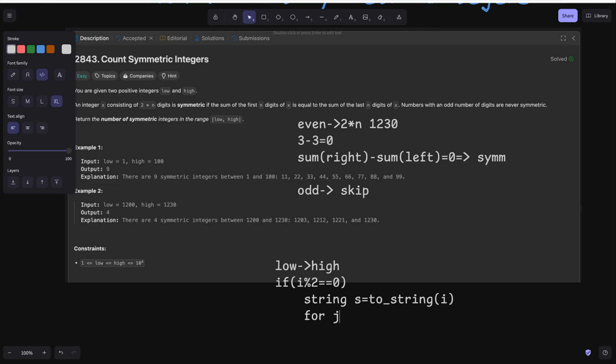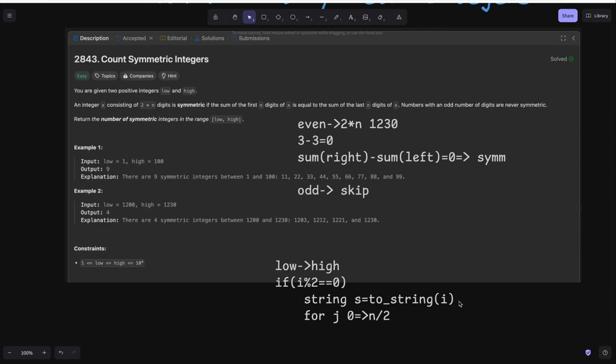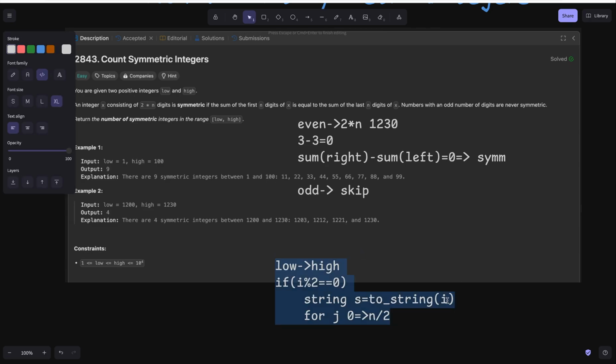Then for j from 0 to n by 2, where n is the length of the string. We converted it to a string for an easy check so that we can divide it into two halves easily and get the length.